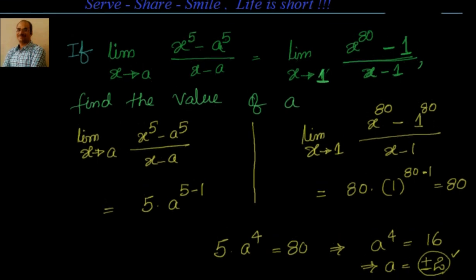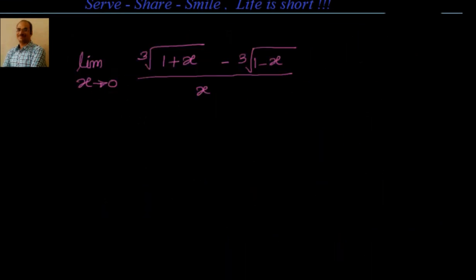We will solve one more example. Let us look at this last example. Limit x tends to 0, cube root of 1 plus x minus cube root of 1 minus x by x. What is the value of that? Okay. Now we want to convert this into the form of x to the power of n minus a to the power of n by x minus a, limit as x tends to a.